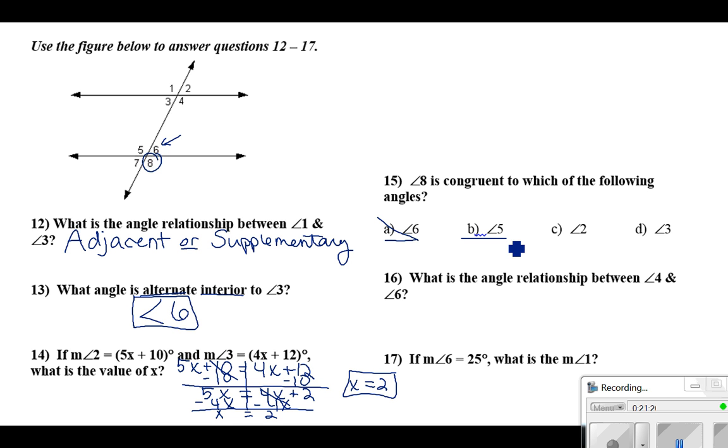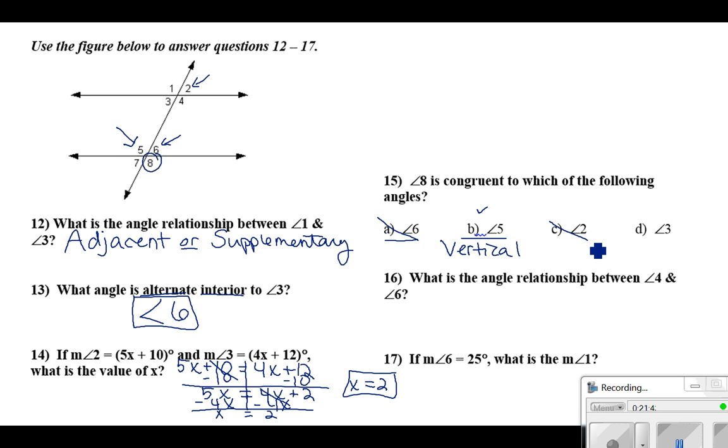B, angle 5. There's angle 5. They are vertical, so they would be congruent. I'm going to put a check over choice B. Choice C, angle 2. They are same side exterior, so they would not be congruent.